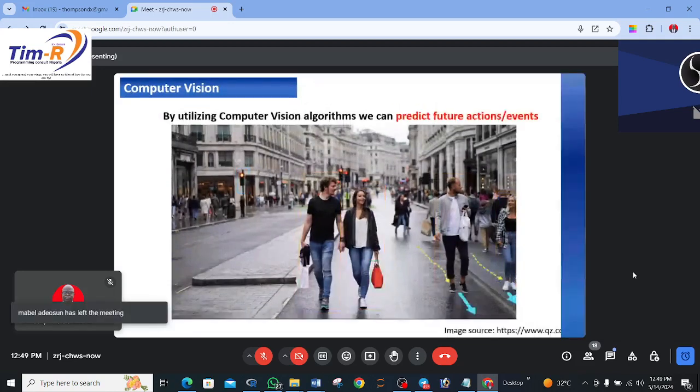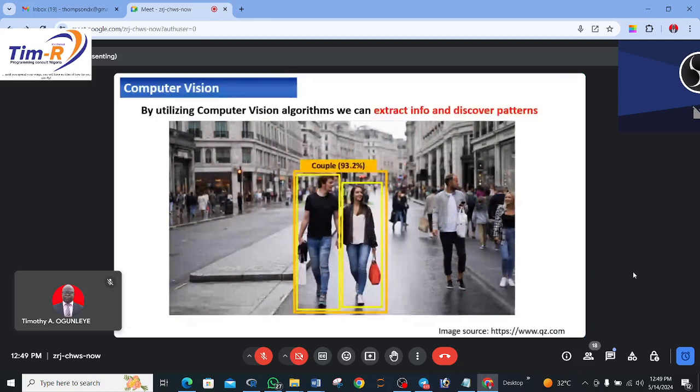We can also utilize computer vision algorithms to predict future actions or events, and to extract information and discover patterns.